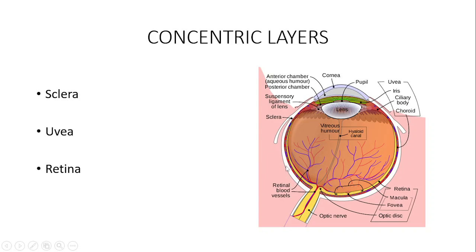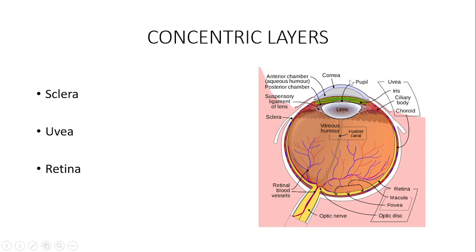Four fifths posterior of this protective layer and most external is whitish, and that is known as the sclera, rich in collagen fiber 1 or type 1 collagen fibers, and that makes the sclera very strong and protective against external invasion. So it gives protection to the eyeball.